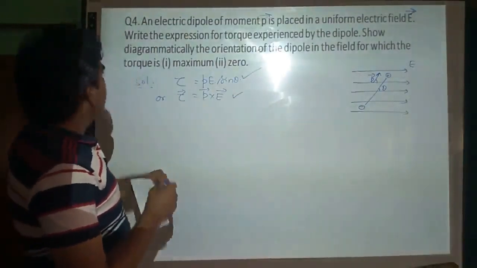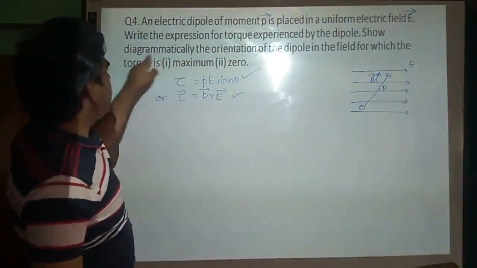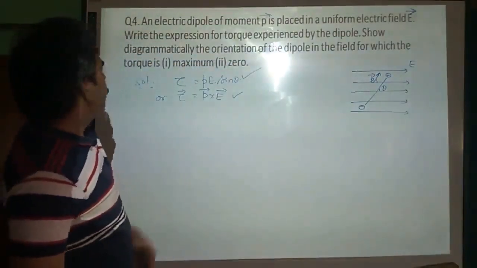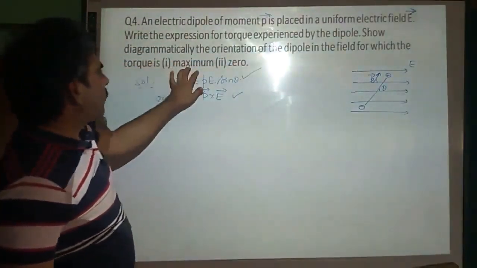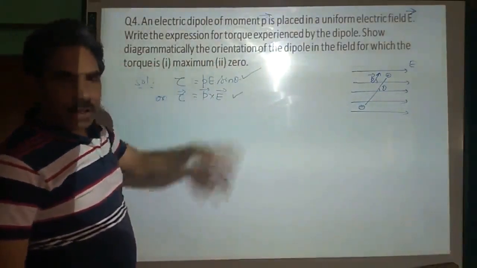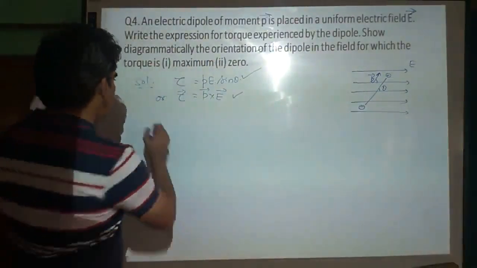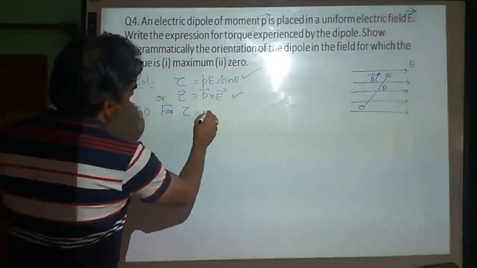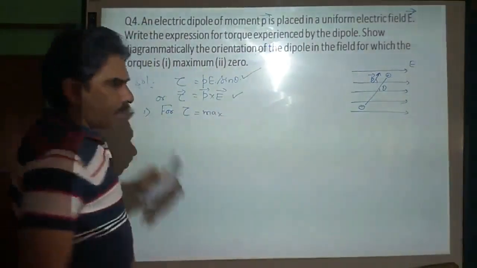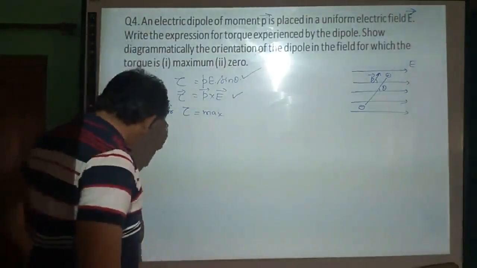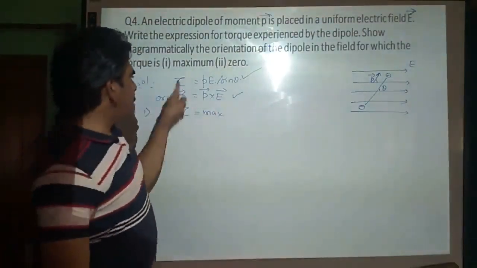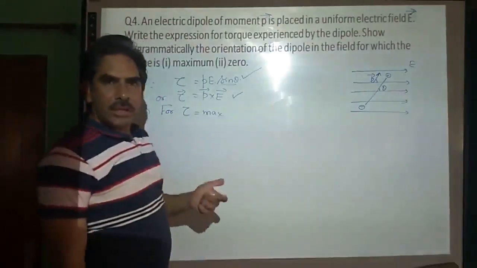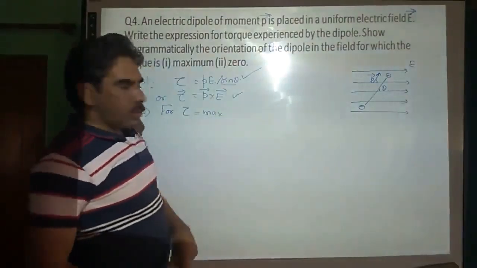Show diagrammatically the orientation of the dipole in the field for which the torque is maximum, and second part is 0. So for torque to be maximum, when will we have the torque to be maximum? Torque will be maximum whenever this term, this is the only term which is changing, has to be maximum.